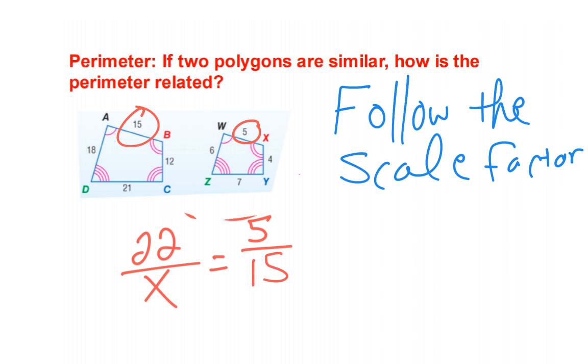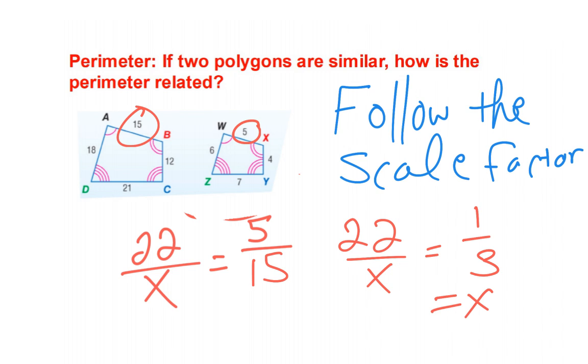So I could have reduced that and used a scale factor, but I'm actually going to use 1 over 3. And so what is 3 times 22? What's 3 times 2? 66. Yeah, so the perimeter of the larger one is 66. Okay, you won't always know all the sides. Sometimes you'll know just one on each and then the perimeter of one.